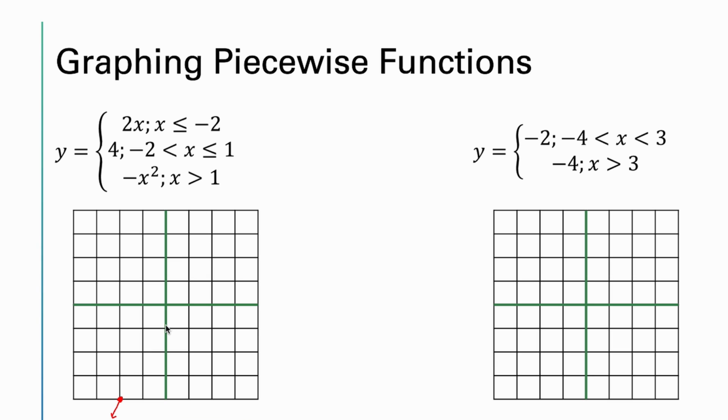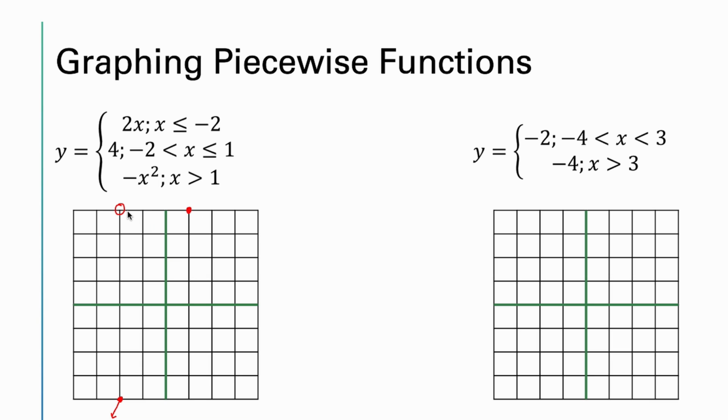So let's do that, but again, it's not a number line, so we have to take the y value into account. And when we plug in these two values for the rule, well, y is equal to 4 for all of it. So we put an open dot at -2, 4, which is up here, and a closed dot at 1, 4, which is here.